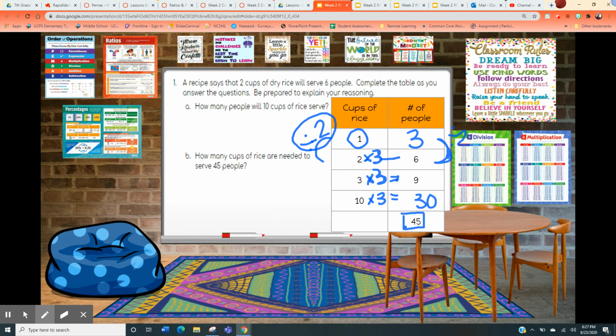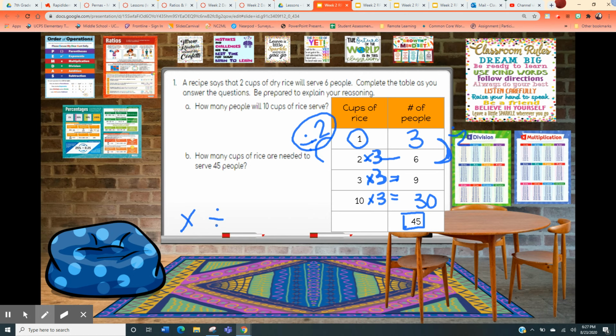So now I have to think of what is the opposite of multiplication? Because if I multiply to the right, then I'm going to do the opposite to the left. So I know that I have multiplication and division.